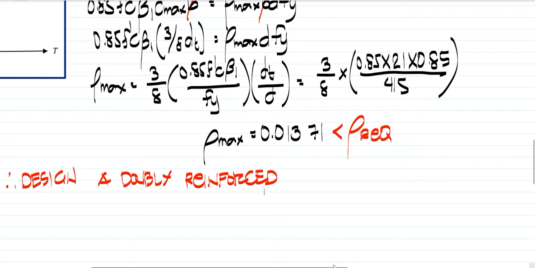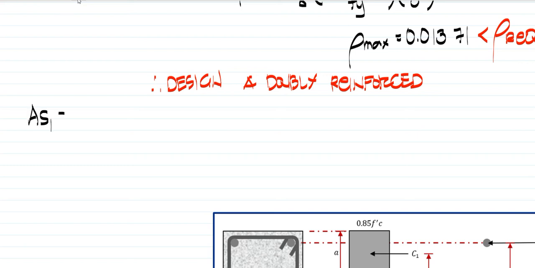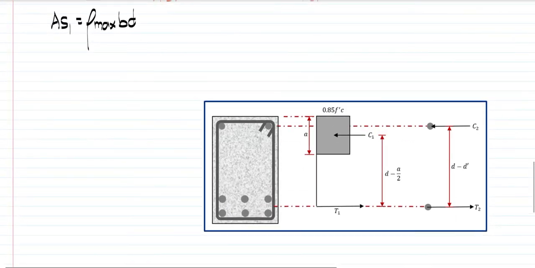So, to design a doubly reinforced beam, sunod na dito is to determine As1 by using the rho maximum as its steel ratio. So, As1 will just be equivalent to rho max bd. Sabi ko nga kanina, rho max yung ginagamit natin kasi the first stress diagram, which is shown dito. So, etong stress diagram na to is for a singly reinforced.